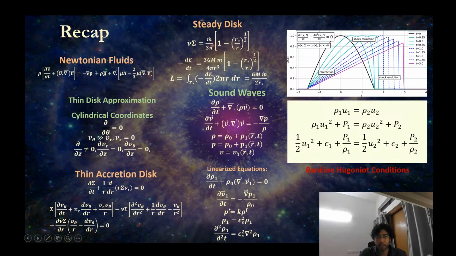This is coupled with the equation of state. Doing the same analysis for the equation of state, it comes out to be p1 equals c squared rho 1.